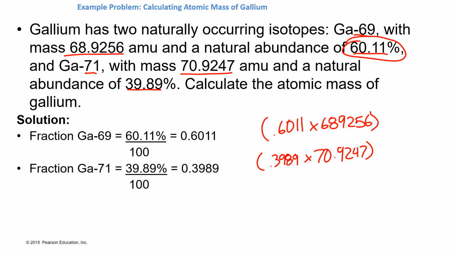So now that looks like what we did on the last one. All I did, instead of putting 60.11 over 100, was use the decimal here, because I like using decimals more than fractions. My brain works for that better. So now I'm going to calculate both of these and see what I get.